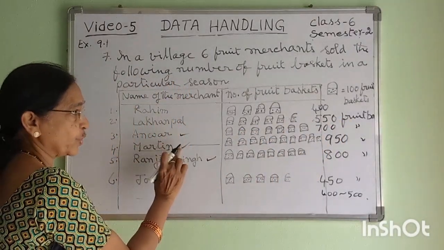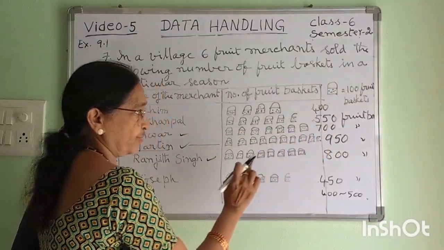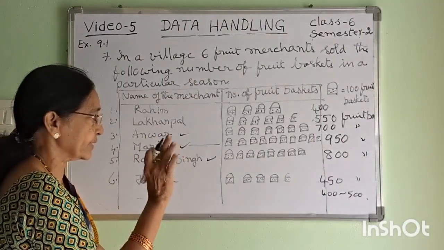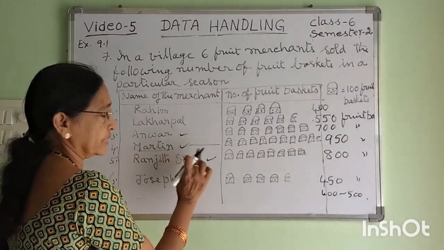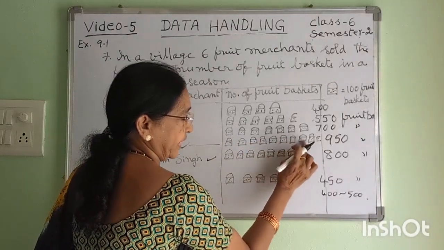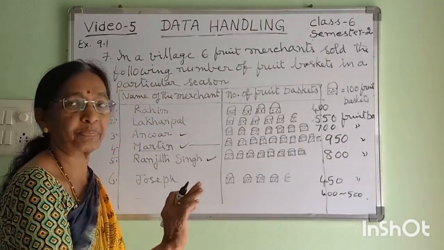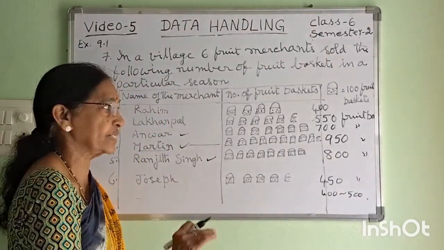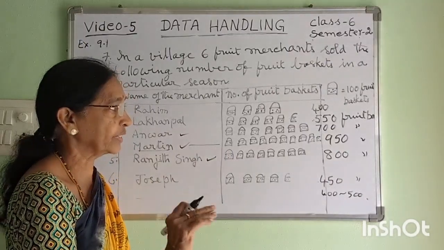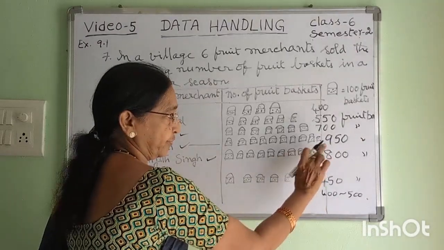Next, Anwar sold 7 figures. 7 into 100, 700 fruit baskets. Anwar sold 700 fruit baskets in that season. Next, Martin sold 1, 2, 3, 4, 5, 6, 7, 8, 9, and a half figure. 9 figures represent 900 fruit baskets, and the fraction represents part of 100, but we take approximately 50.